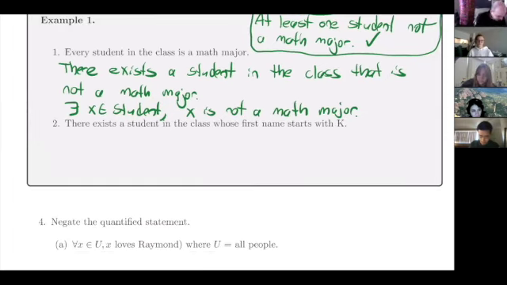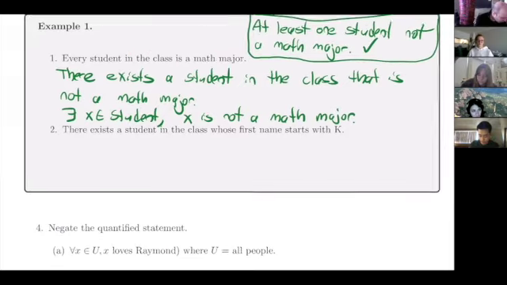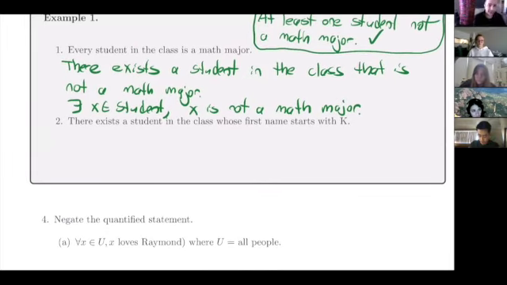And excuse me, if we wanted to negate statement number 2, there exists a student in the class whose first name starts with K, what would that negation look like?